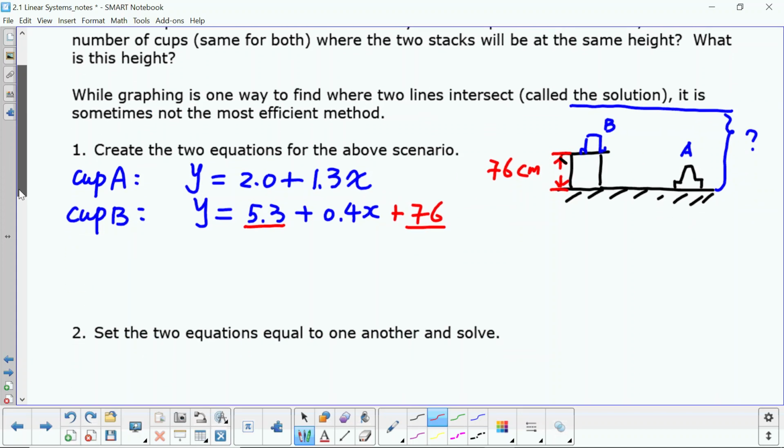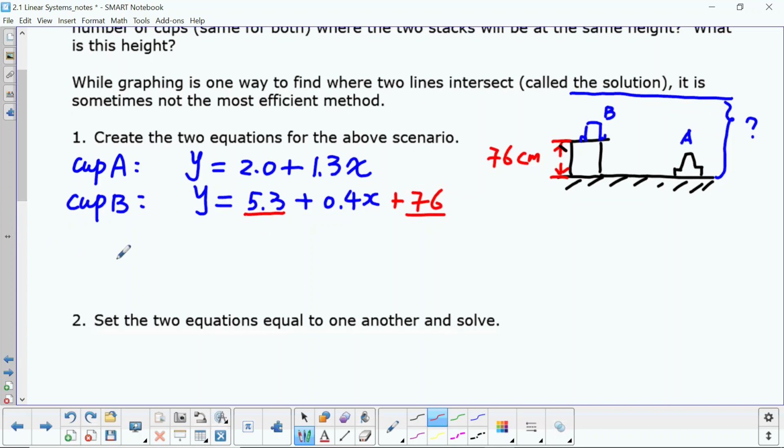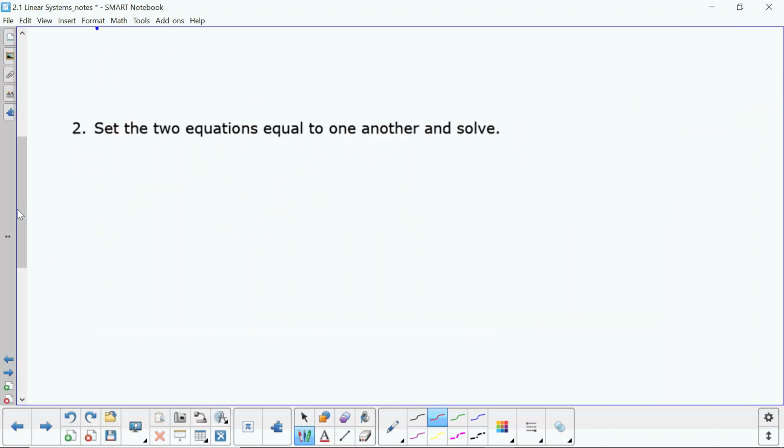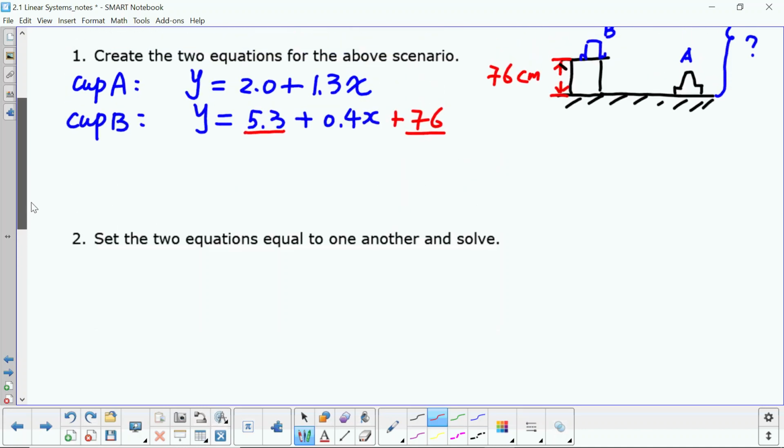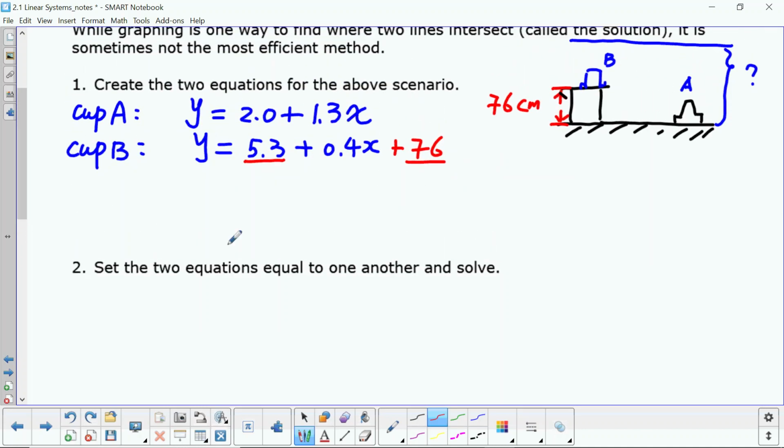And after that, it asks you to set these two equations equal to one another. Then we solve it, because they are asking for the same height, which means that y will be equal. So we are going to write the heights equal, meaning the right sides, which represent the height. They should be equal.